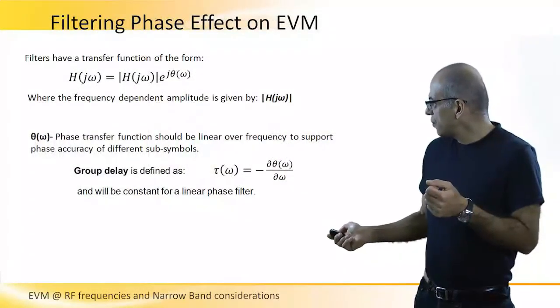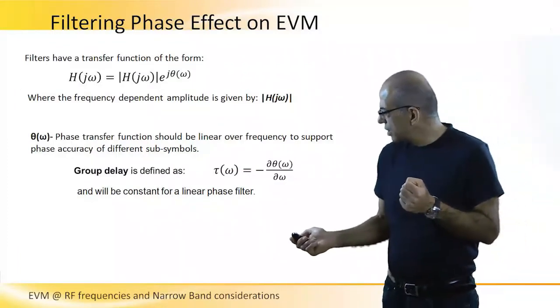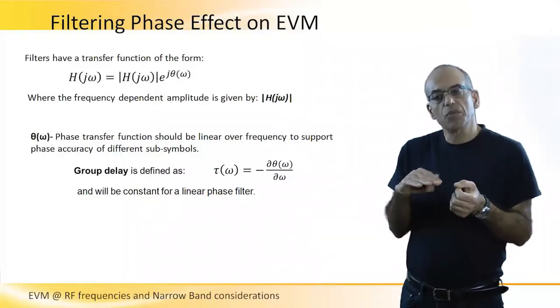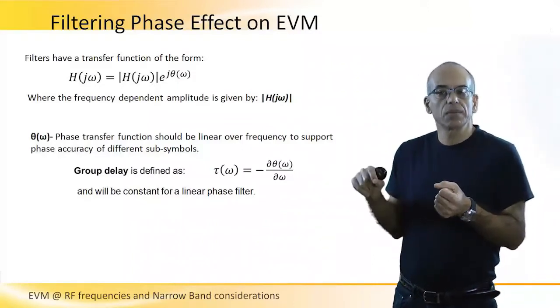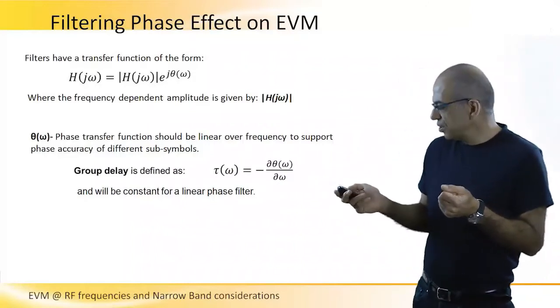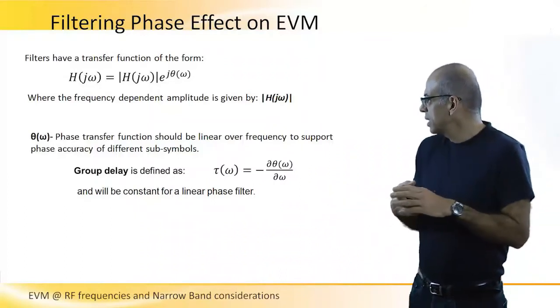Filters also have phase performance that is critical, because we would like the phase over bandwidths to change linearly. And if we look at the transfer function of a filter, it has an amplitude part and it has a phase part.